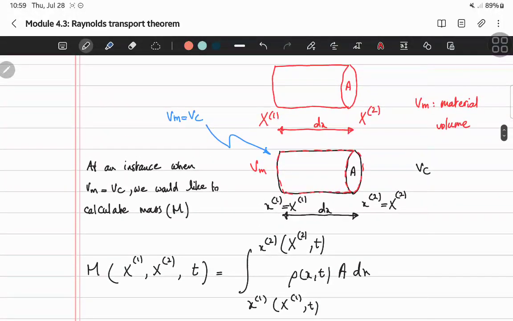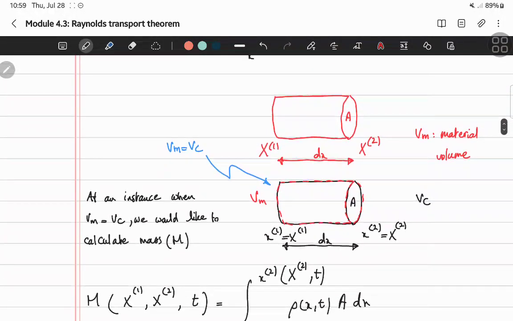So that's why you have to differentiate between Vm and Vc.